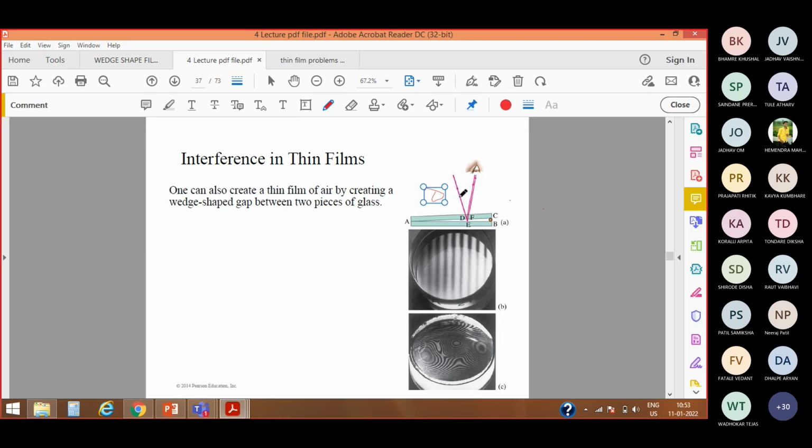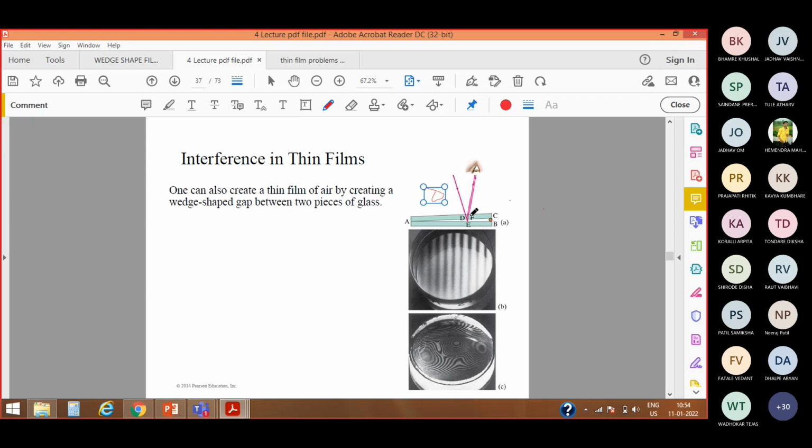When light enters from a rarer medium to a denser medium, the velocity of light decreases. When light reaches point E, there is also partial reflection and transmission of light. When light comes at point F, again light gets refracted.